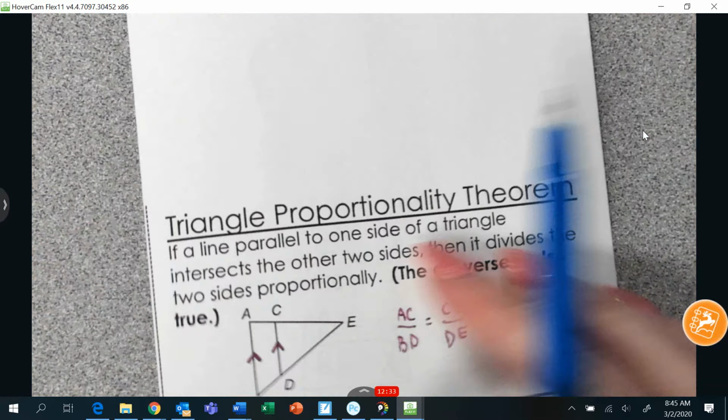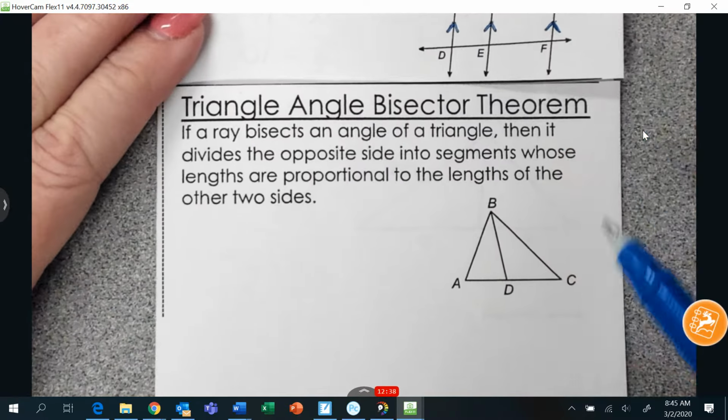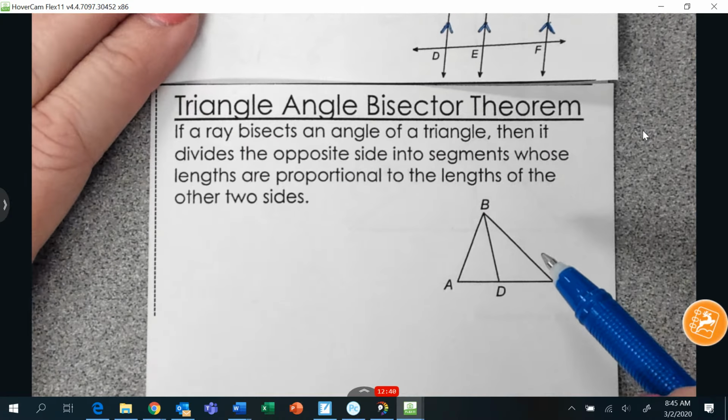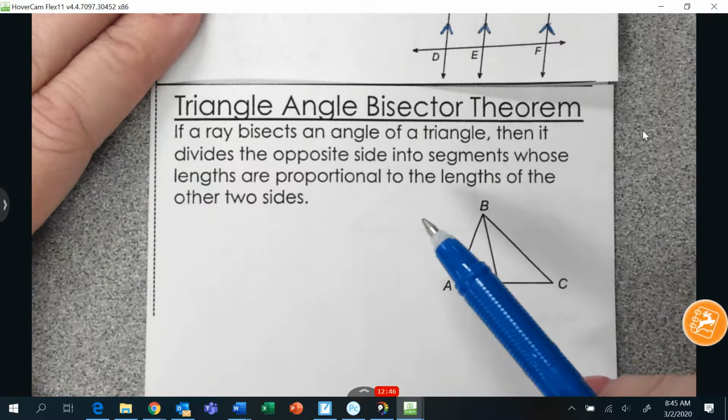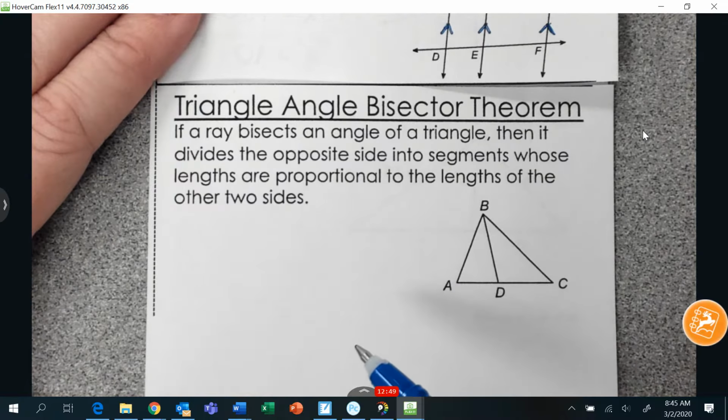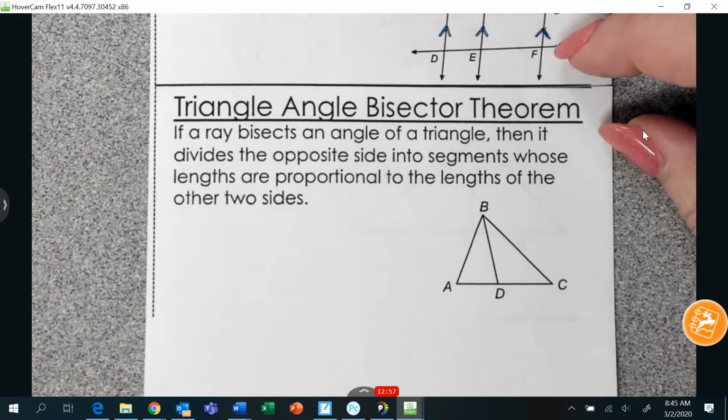All right, last one. The theorem: if a ray bisects an angle of a triangle, then it divides the opposite side into segments whose lengths are proportional to the lengths of the other two sides. Which is the ray?